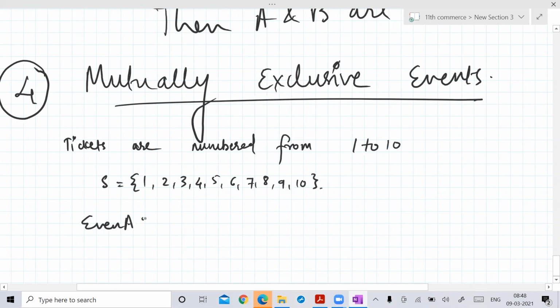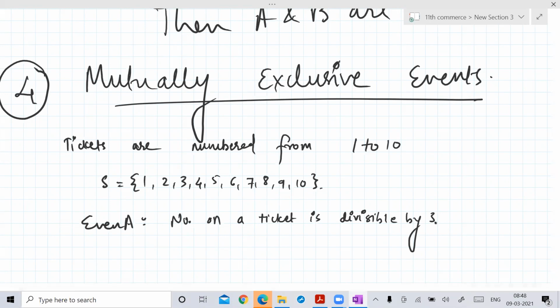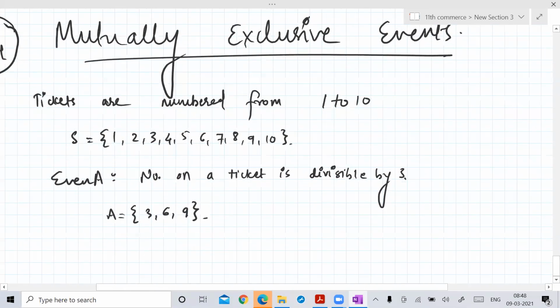Event A. Suppose event A is: the number on a ticket is divisible by 3. So what is present in A then? 3, 6, 9. The number on a ticket is divisible by 3, so that is 3, 6, 9.